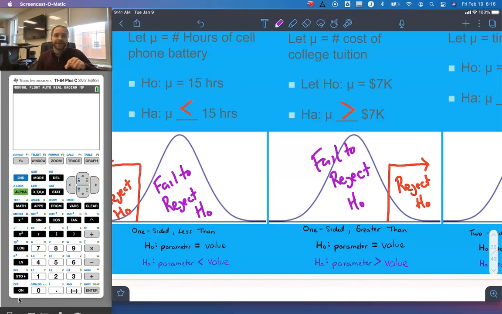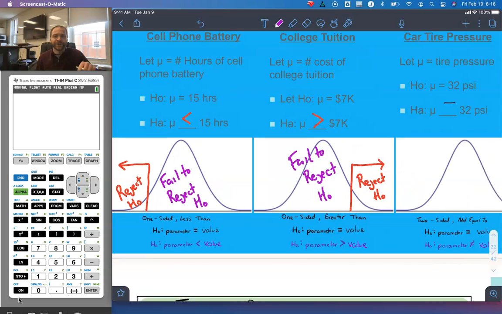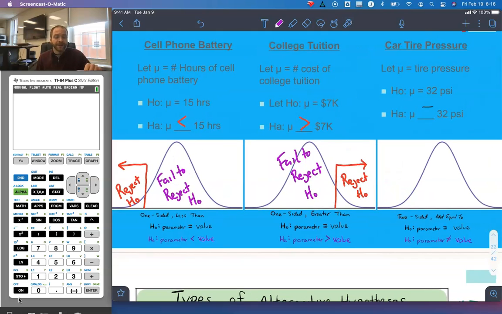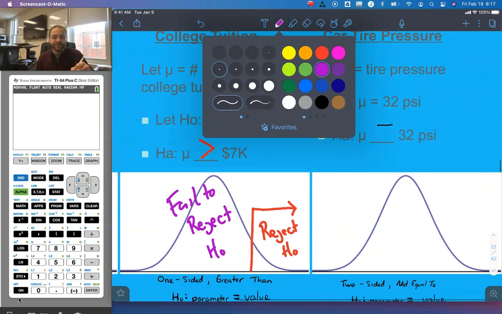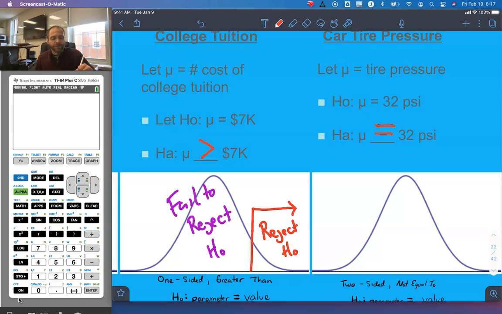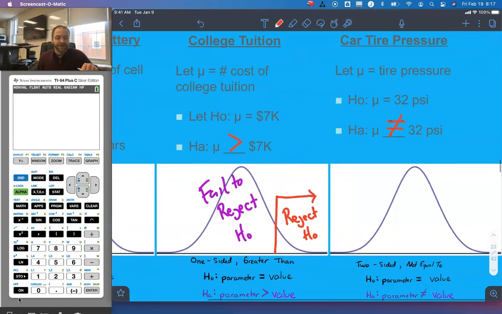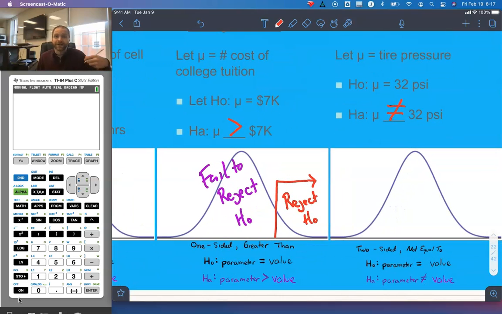So there are times where you read it and you're going to have to figure out which side you're going on. Now, car tire pressure: it matters if you overfill or even if you underfill the air in your tires. So this is a two-sided test. We don't care. Underfilled causes problems, overfilled causes problems. If you look to the left here, that would be underfilling your tires.